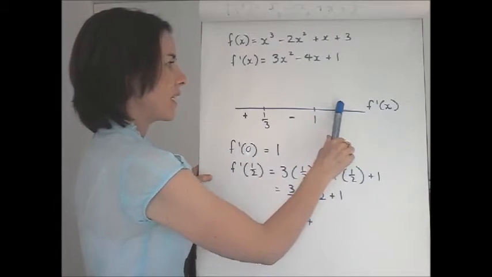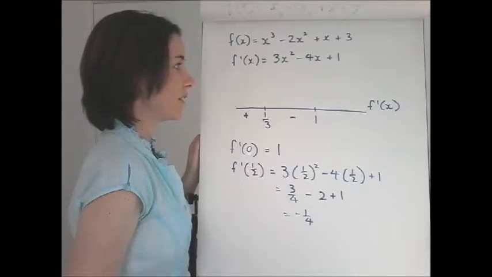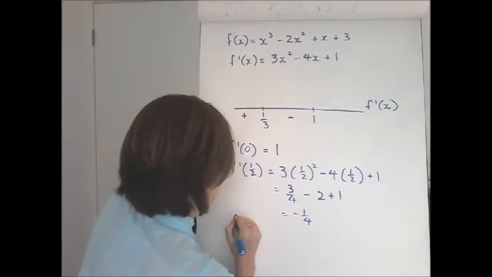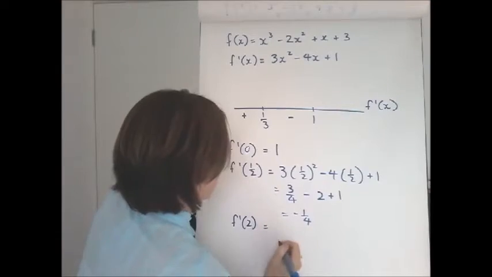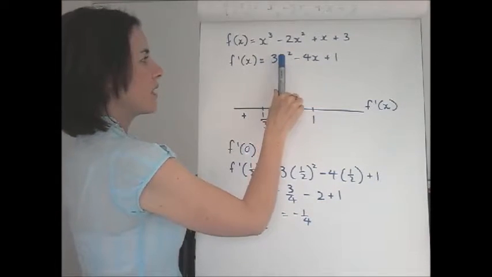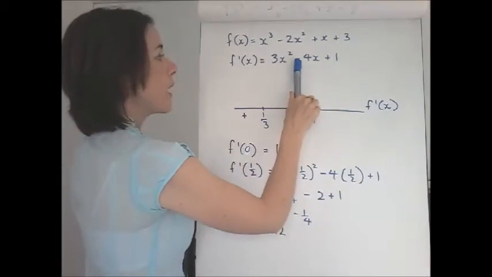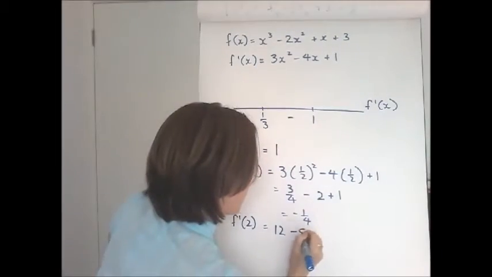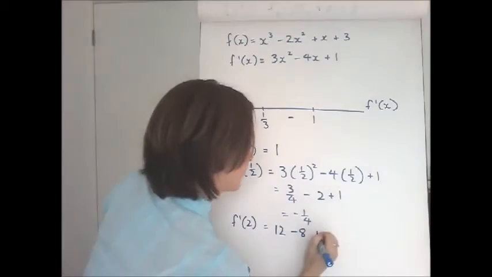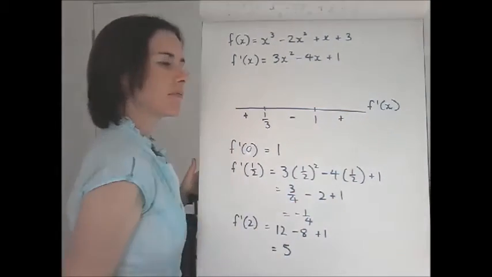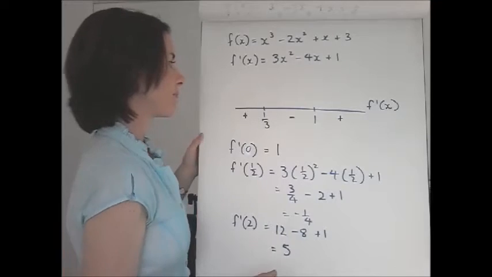And if I choose a number from the right-hand region, a number bigger than 1, I could use 2. That would give me 3 times 4 is 12, minus 4 times 2 is 8, plus 1 is 5. Positive number, so positive region.